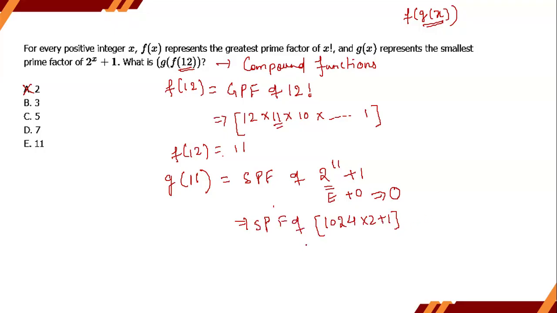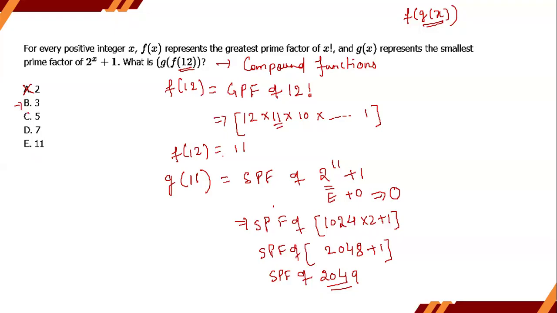So what is the smallest prime factor of 2048 plus 1? That is, you need to figure out the smallest prime factor of 2049. All right. Now, in order to find the smallest prime factor, if we look at the answer choices, we have 3, 5, 7, 11, right?